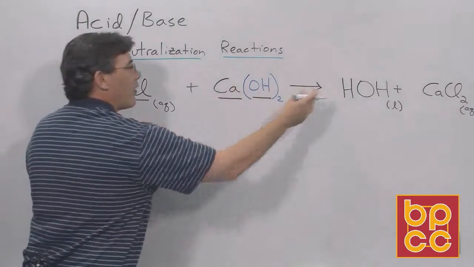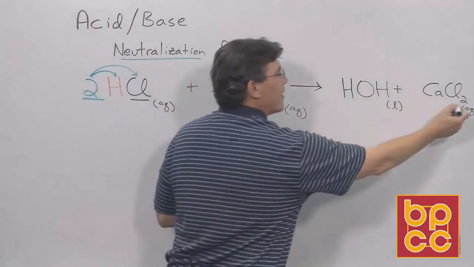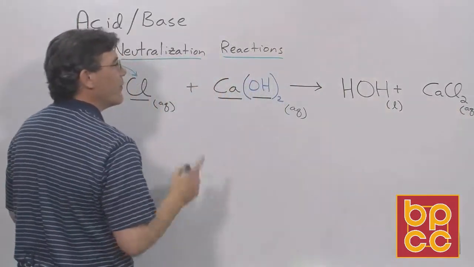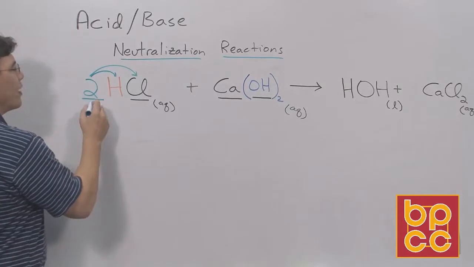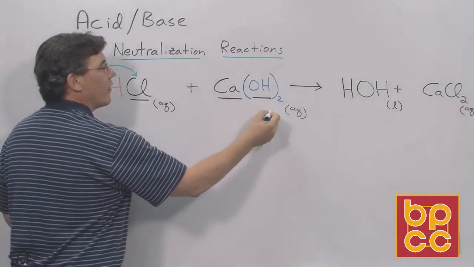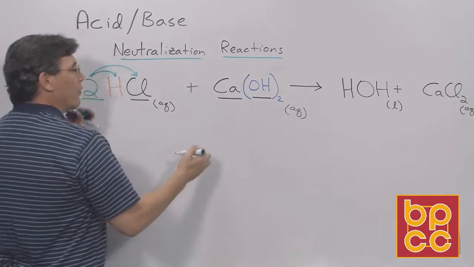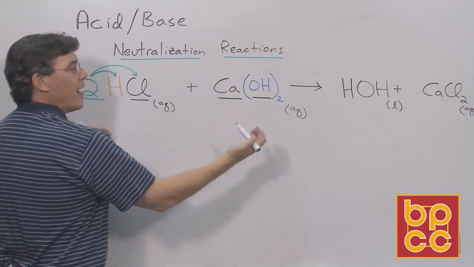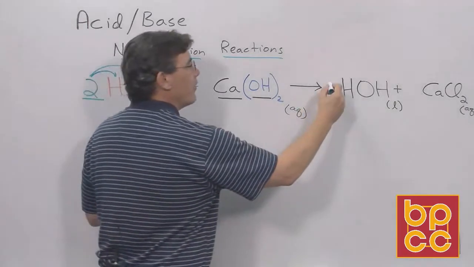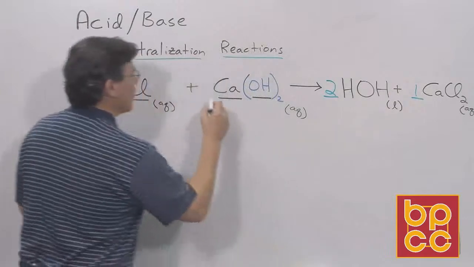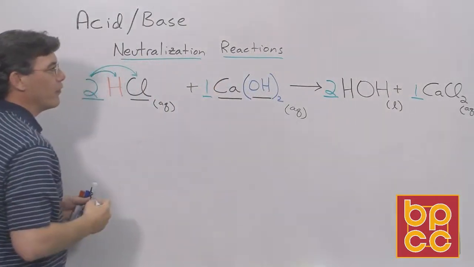If you get your products written correctly, and the key is to get that second product written correctly and always write water as HOH, watch what happens here. We now have 2 hydrogens here, and we now have 2 hydroxides here. So with 2 H's and 2 OH's, how many waters can we make? You guessed it, 2. Okay, and the rest of these coefficients can just be left to 1 as such.